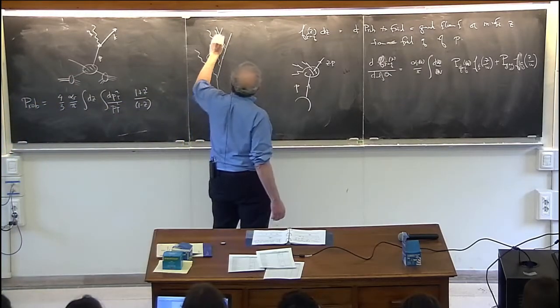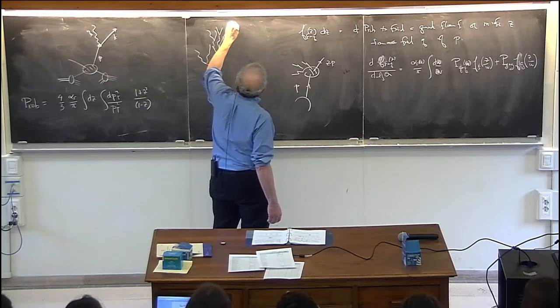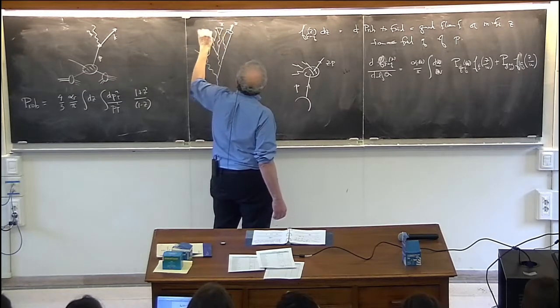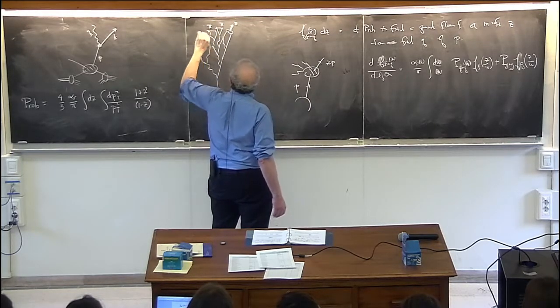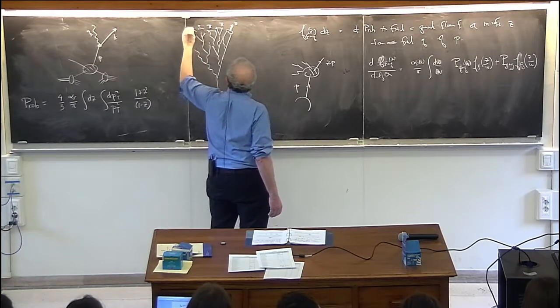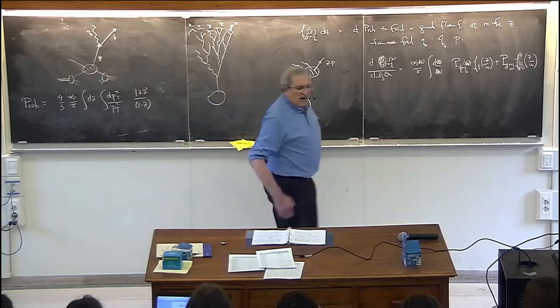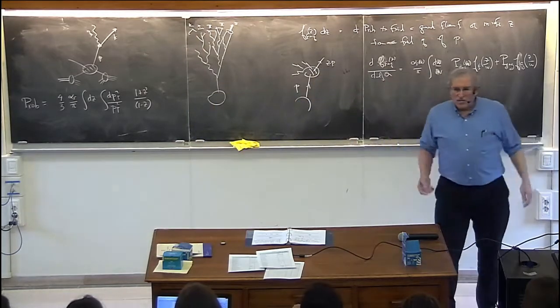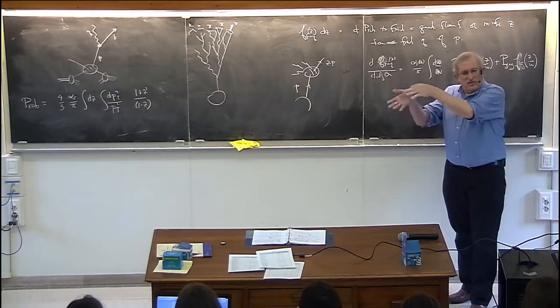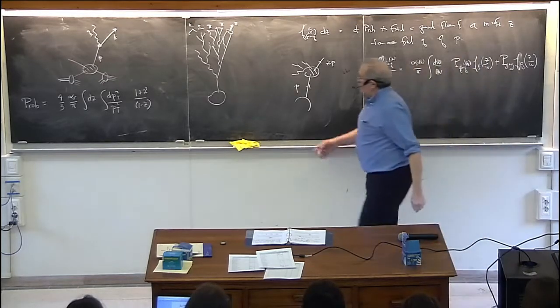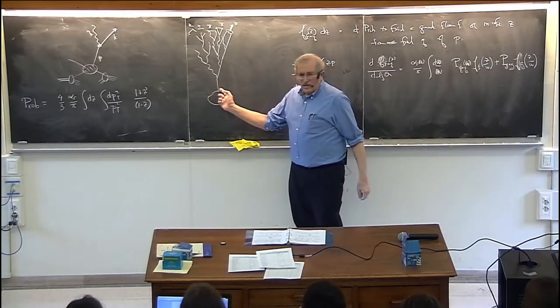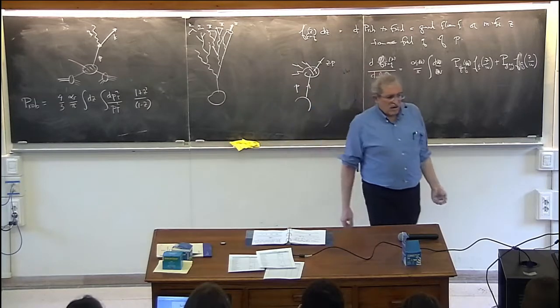Quarks and antiquarks that are nearby pair up and make hadrons. And what you end up with at the end of this process is a shower of hadrons, all moving roughly collinearly with one another and carrying, as you see, the total momentum that was in that original liberated quark.